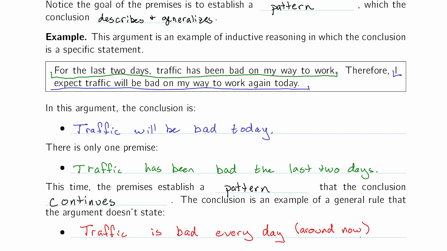So maybe there's something going on, like construction that's causing traffic to be bad. But that isn't actually stated in our argument. That general rule that we've derived from the pattern isn't stated in the argument. It is there in the background, though, which is why this is an inductive argument that reasons from the specific to the general.